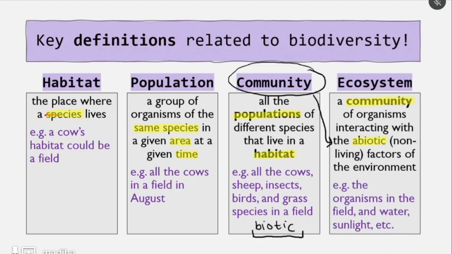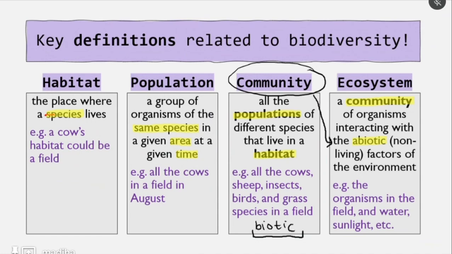Examples could be humidity, water, sunlight, so light intensity, wind intensity, different things like that. And the ecosystem is everything all together. So these are the 4 definitions that will be useful to know.